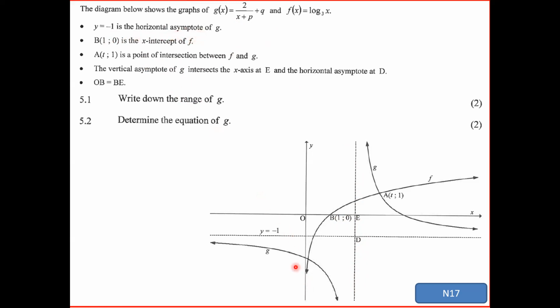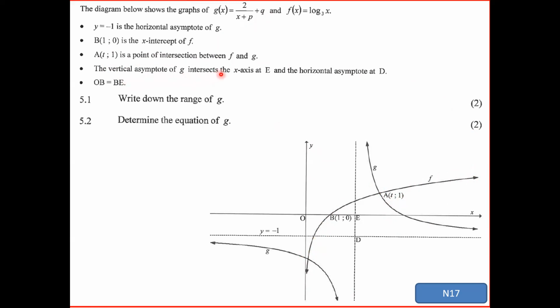So if -1 is the horizontal asymptote, the value of q has to be -1. Then B, 1, 0 is the x-intercept of f. That is your actual log graph. A, 1 is a point of intersection. They're giving us the y value of the point of intersection, which is 1, but not the x value.